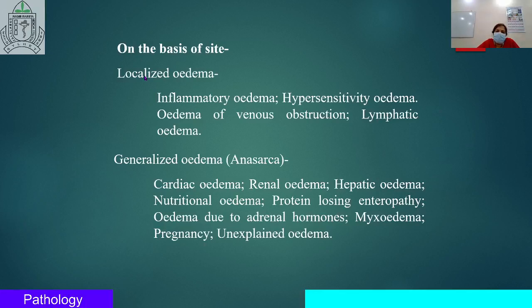On the basis of location, it is localized or it is generalized. Localized edema occurs due to inflammatory edema, hypersensitivity edema, edema due to local venous obstruction or lymphatic obstruction, or lymphedema. Another term very important for your exam: what is anasarca?